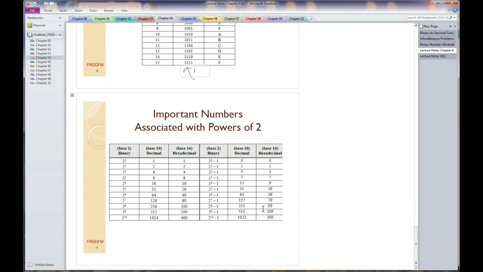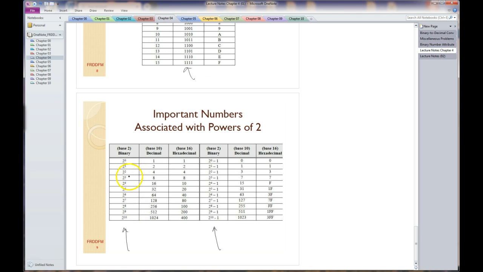Lastly here, there are some important powers of 2. Basically speaking, here's your powers of 2, here's your powers of 2 minus 1. These are very important numbers. The quicker you memorize these, the better off you'll be. Once again, you'll memorize these anyway because you'll use them so much, but if you just stare at them for a while, they make a lot of sense.